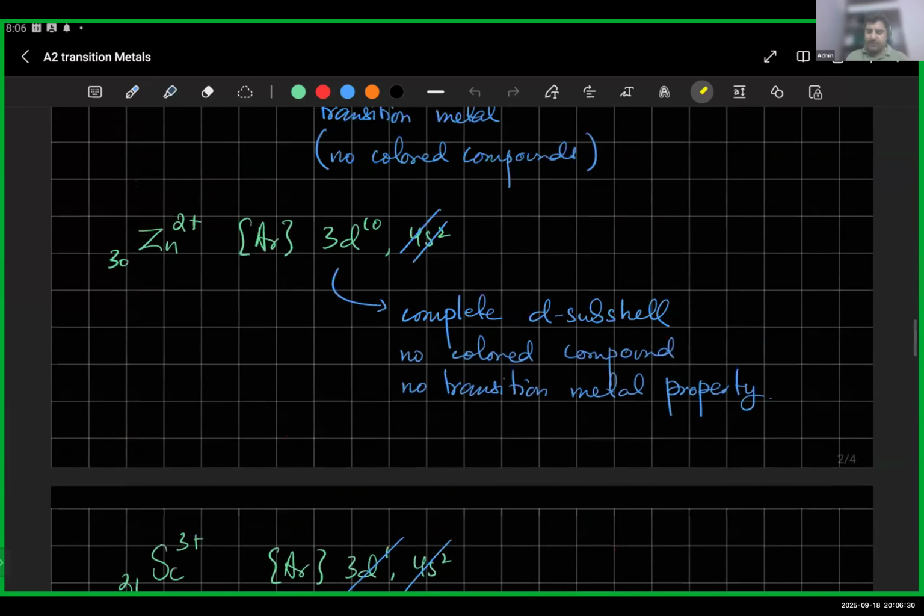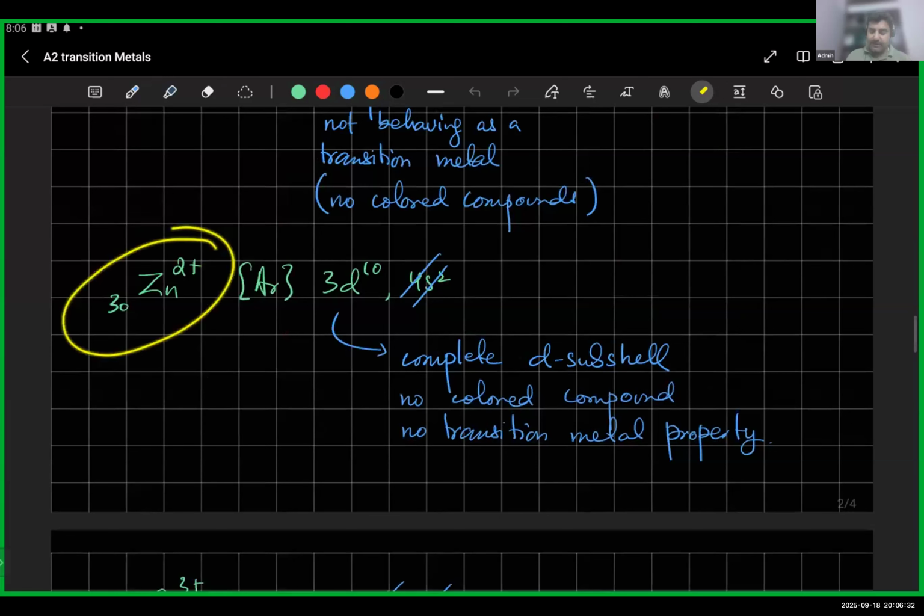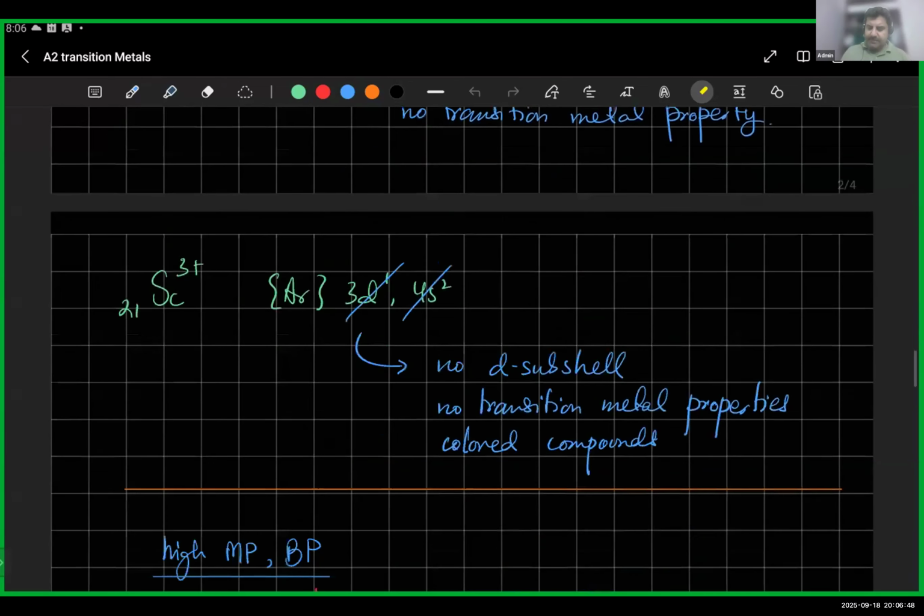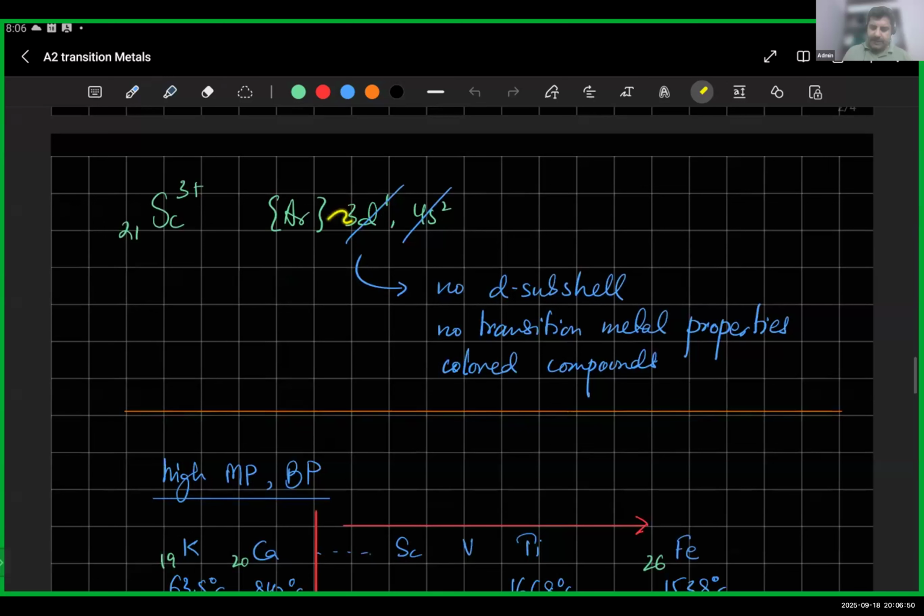So who's not a transition metal? Zinc is not a transition metal because its stable ion has a full d subshell, which is why it's not colored. Zinc compounds are white, and it doesn't exhibit any transition metal property. Scandium 3 plus as well: it used to have a d subshell, but now it no longer has one, so that's also not a transition metal.